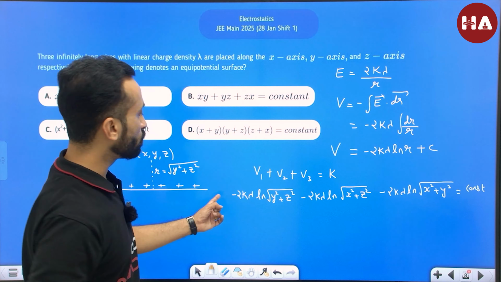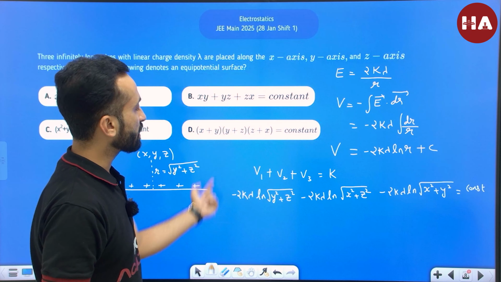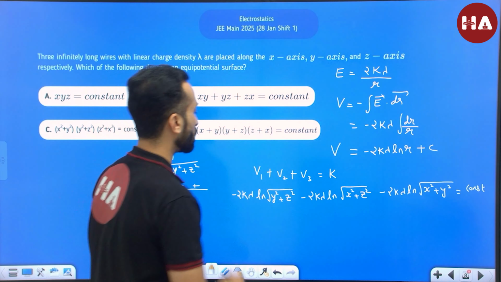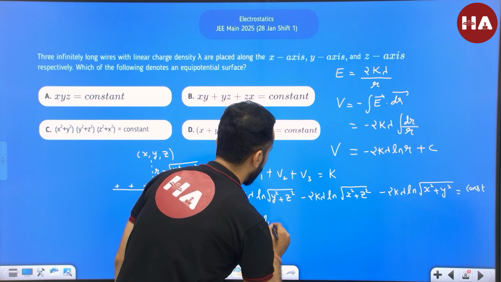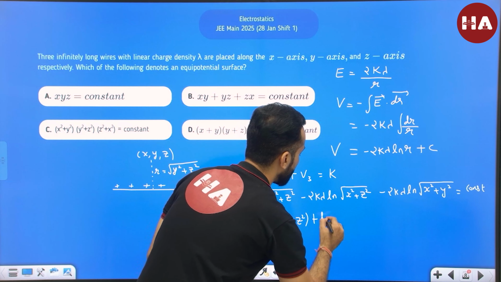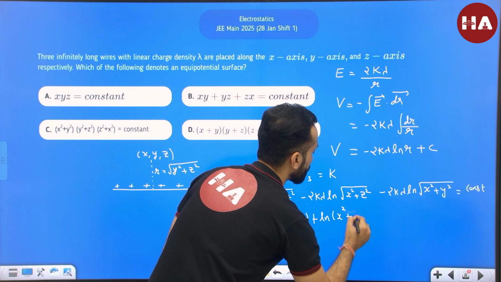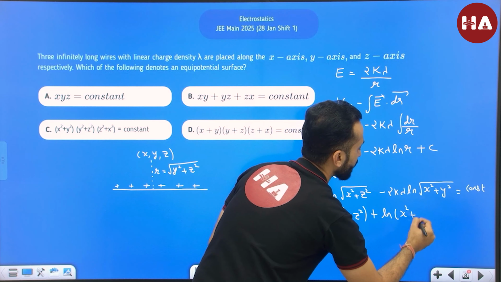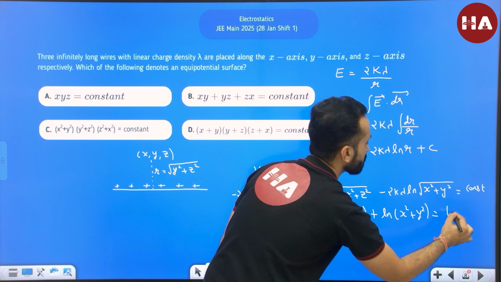So this 2 can be taken as power of this, and hence square root and square will cancel out, and then we can write ln of y square plus z square plus ln of x square plus z square plus ln of x square plus y square is equal to some new constant, right?